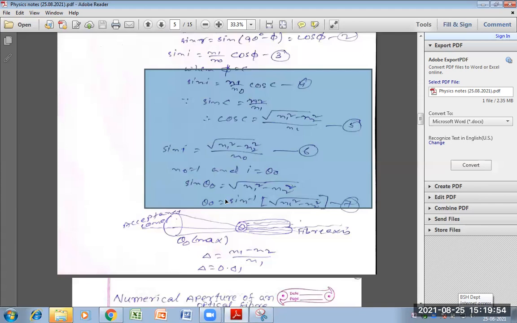Now in this diagram, this is the fiber optic, and theta naught, the acceptance angle of the fiber, is maximum at this place. This line is known as the fiber axis.